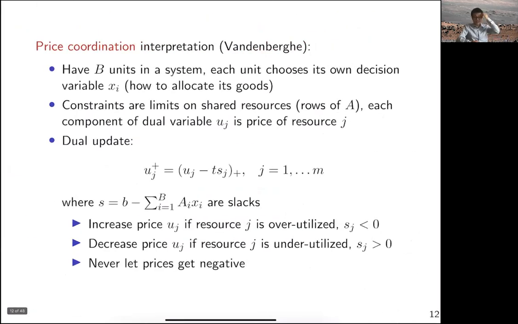Okay, so there's an interesting interpretation of this algorithm from Vandenberghe, which talks about a particular problem called price coordination. Suppose this algorithm is a system with many units, and each unit chooses its own decision variable xi. In particular, xi might be how each unit allocates its resources.